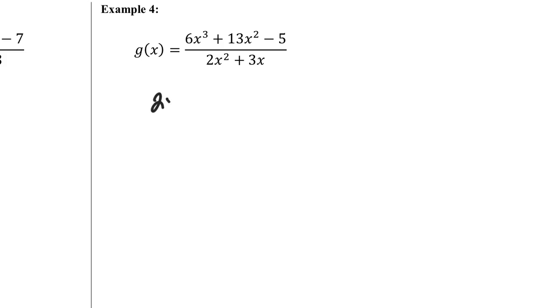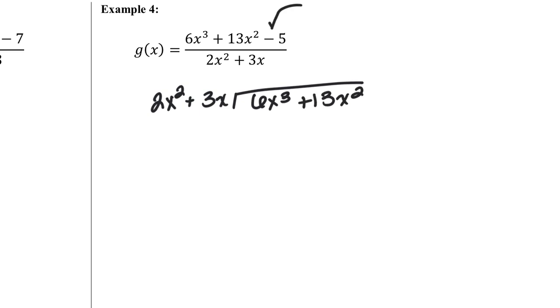So I set it up, 2x squared plus 3x. Make sure that as I'm writing this, none of my terms have holes. So there's a cube followed by a square. Notice that there is no x value.